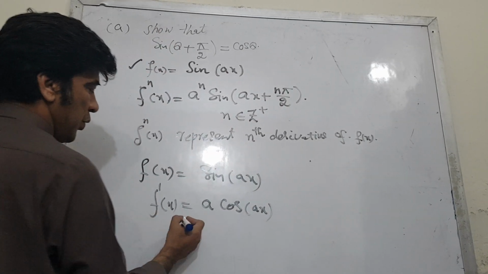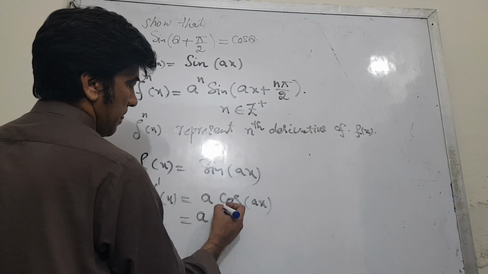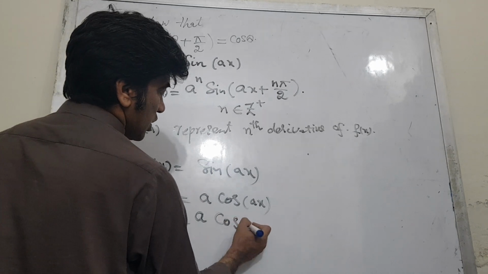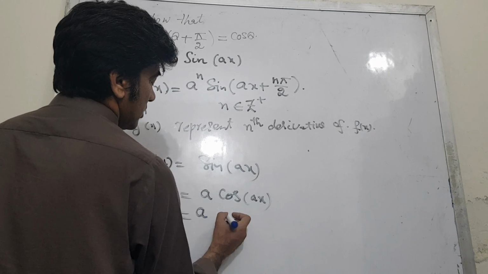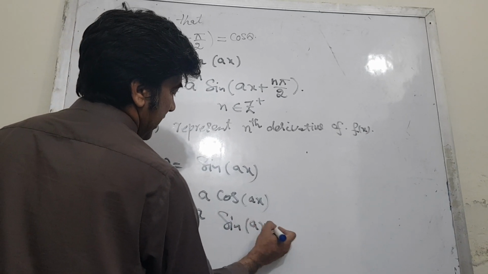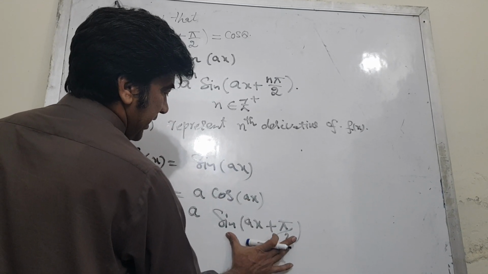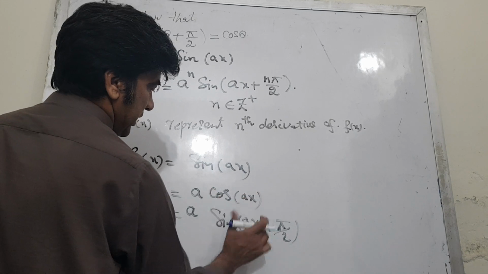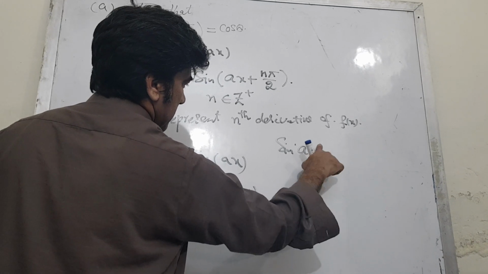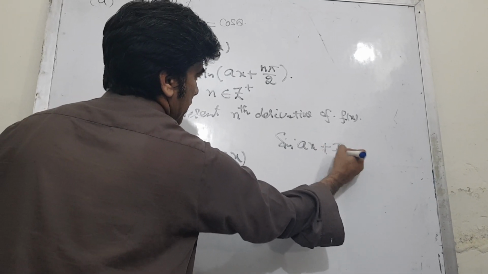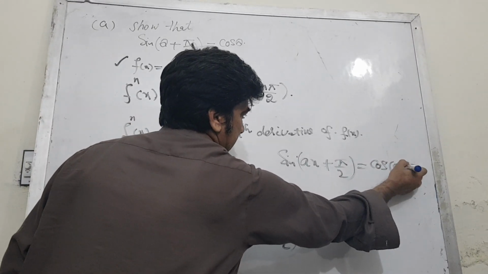You have already proved in the first part of this question that sine(ax plus pi over 2) is equal to cos ax.